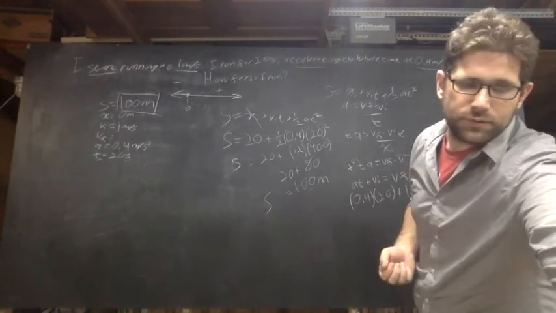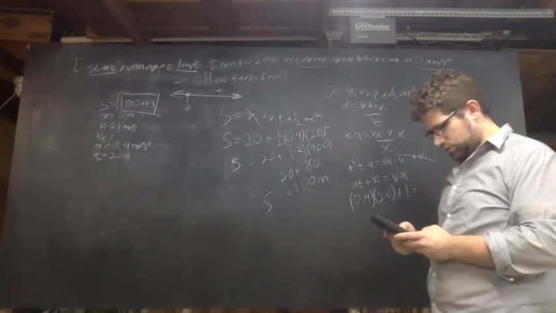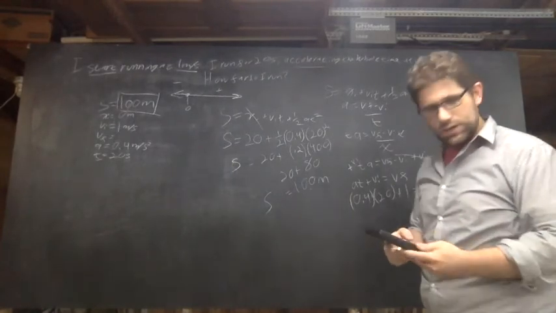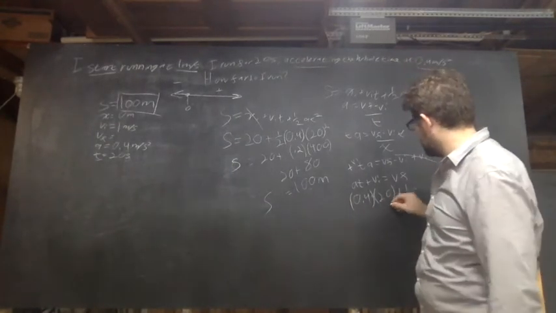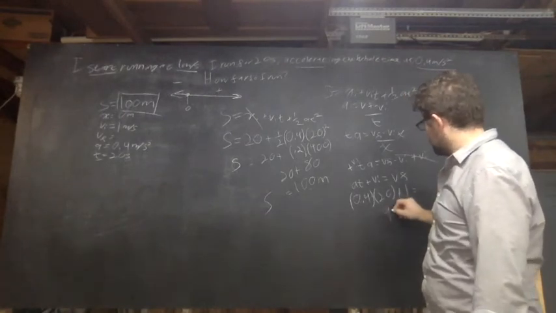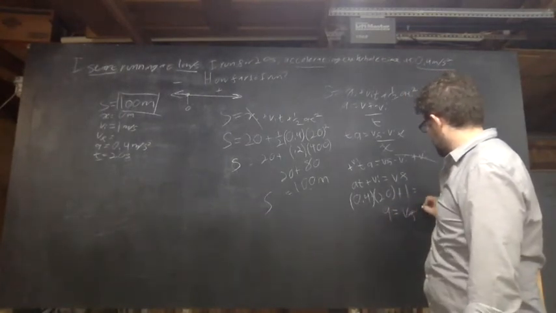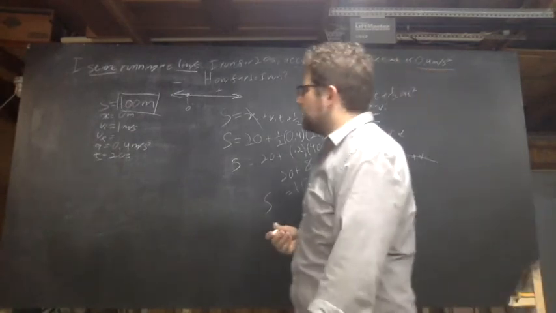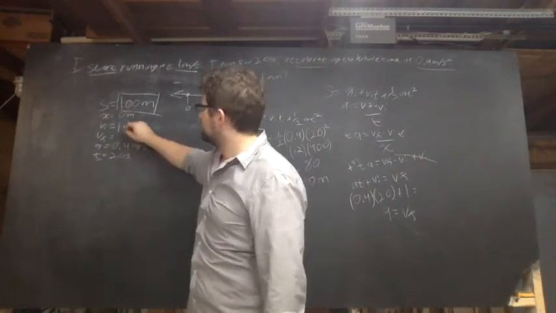So 0.4 times 20, that should be 8. 8 plus 1 is 9. So 9 is my vf. 9 meters per second. That's close to 20 miles an hour. That's great.